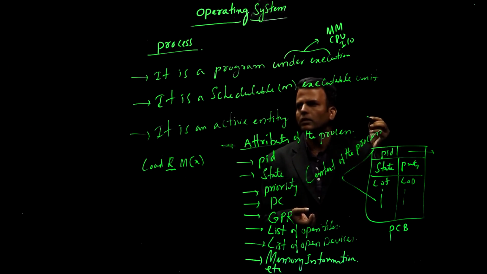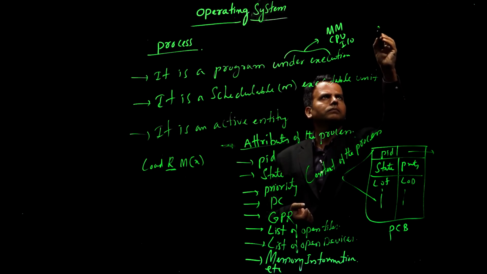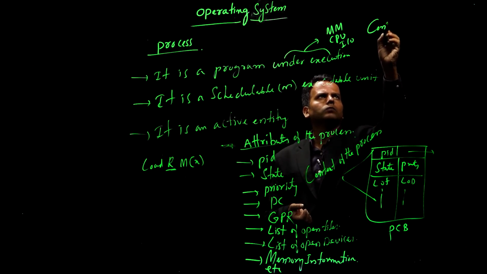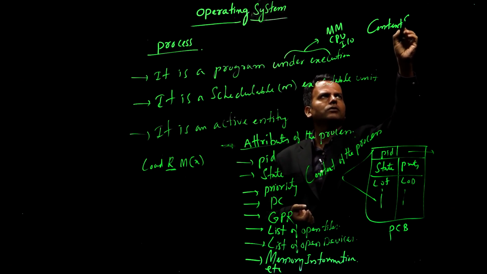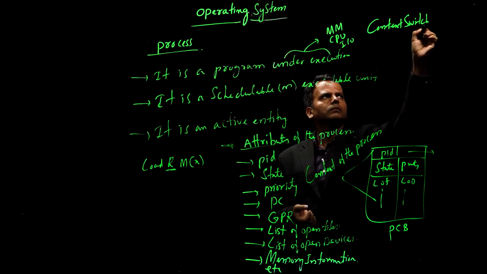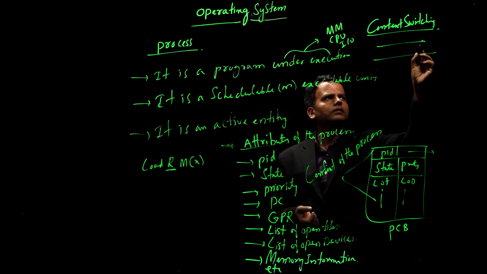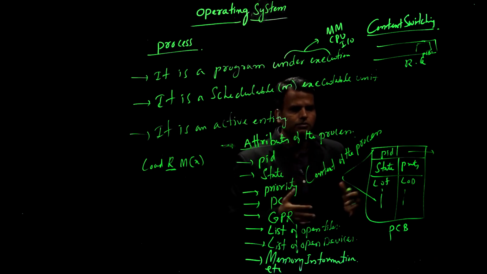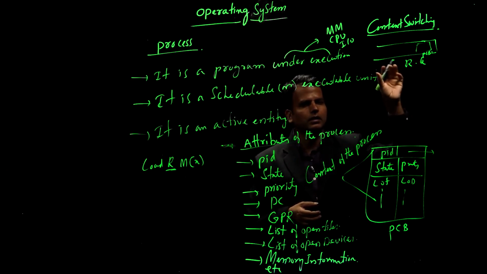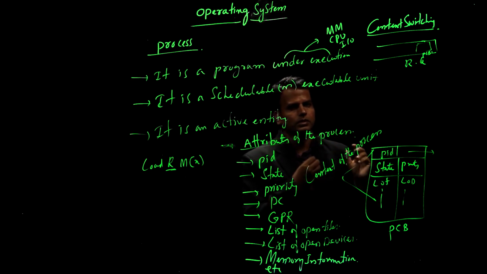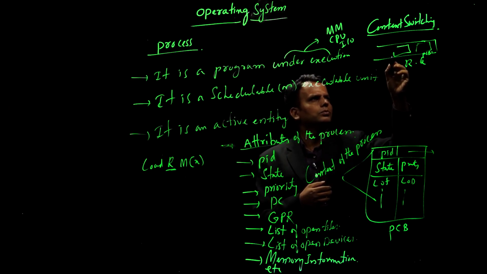So let's see what is the meaning of context switching here. Here, this is the ready queue. In this ready queue, we have PCBs related with the processes. PCB1 is the information related with process 1, PCB2 is the information related with process 2.